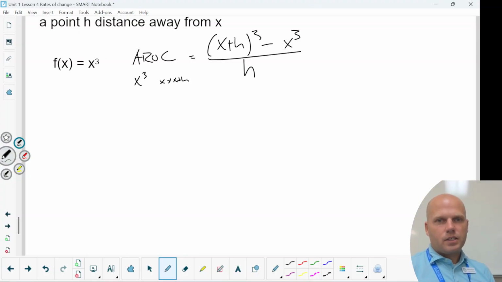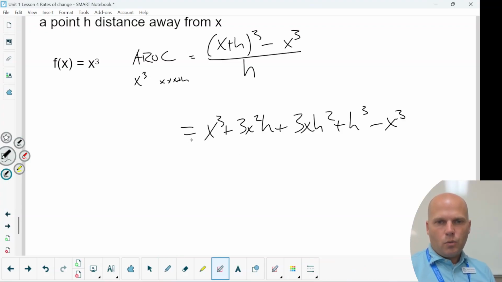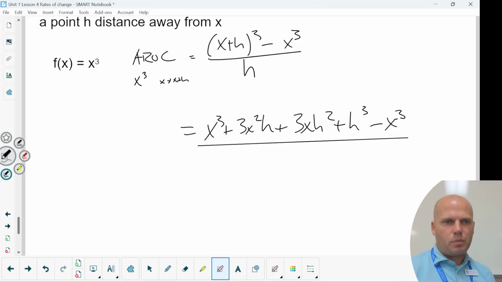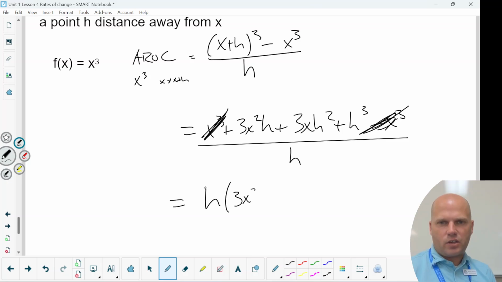So we can turn this into x cubed plus 3x squared h plus 3xh squared plus h cubed minus x cubed, over h. We could stop there if we wanted to, but we might as well simplify. The x cubeds go away. I could factor out an h from every single thing.